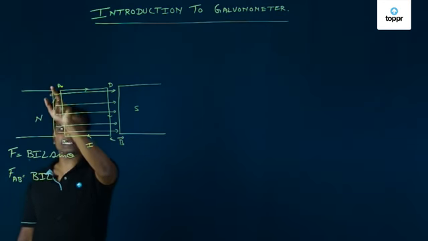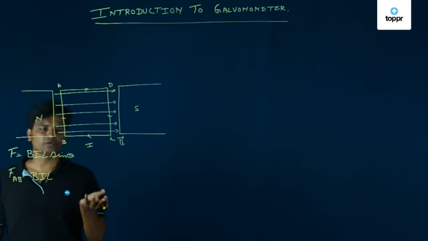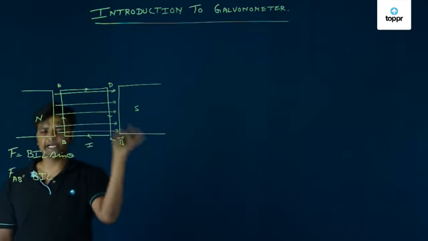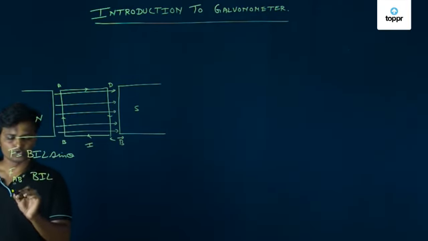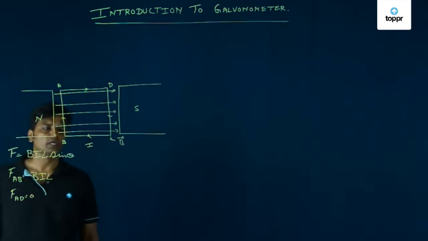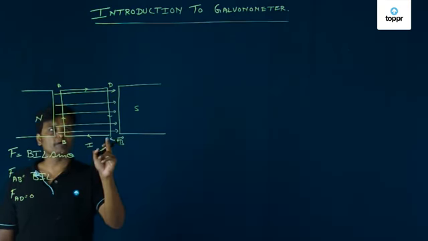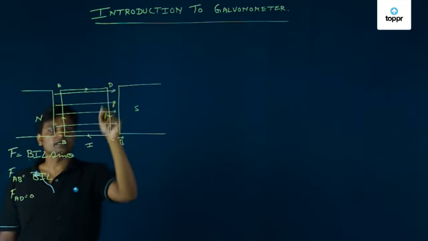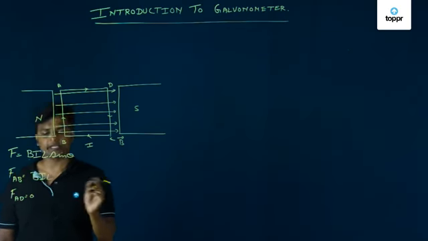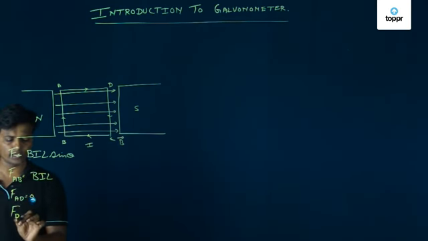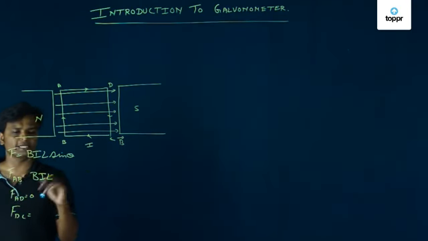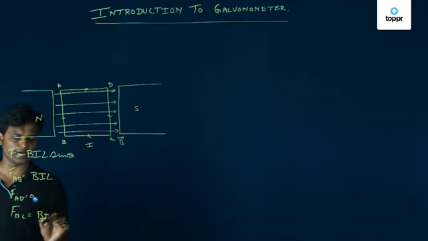Force acting on AD, what is the angle? The angle is 0. If the angle is 0, the force will be equal to 0. So there is no force acting on AD. In the same way, the force acting on the conductor DC, again the angle is 90 degrees, so sin 90 is 1, and it is equal to BIL.